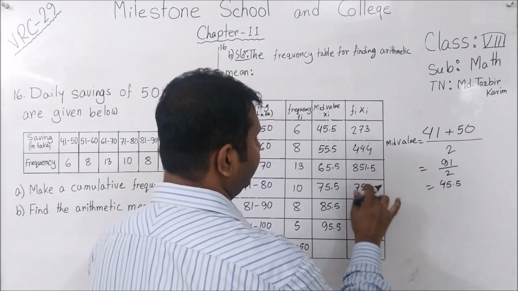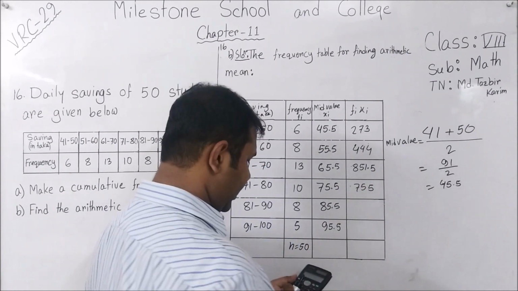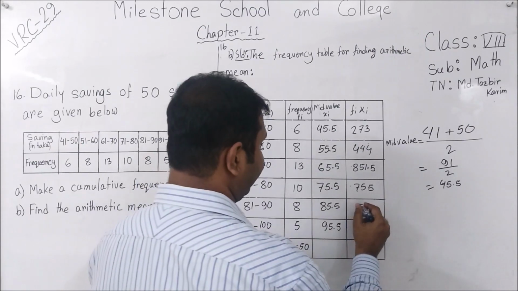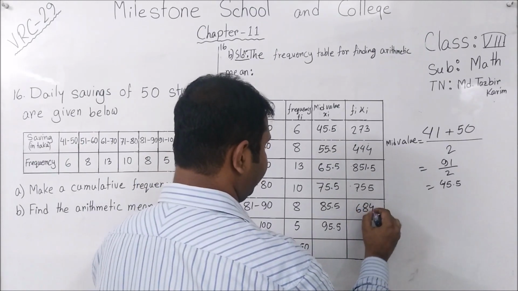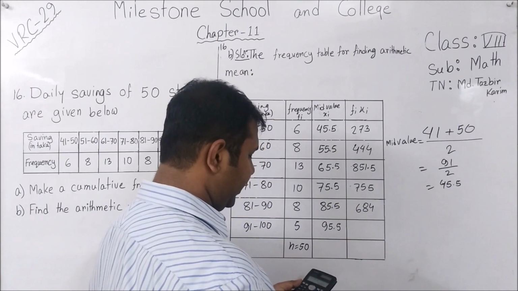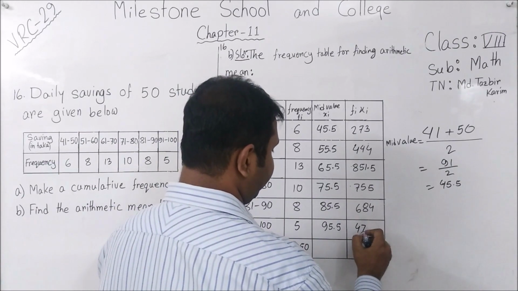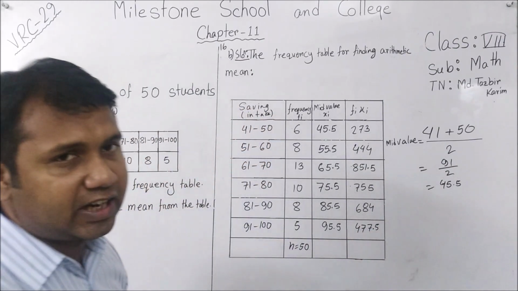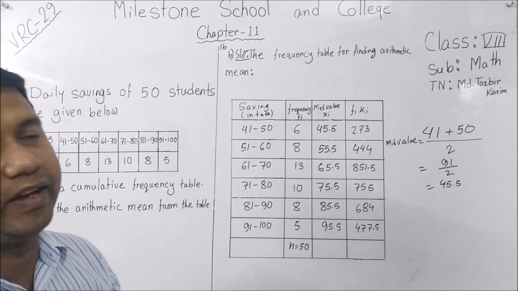If you multiply 8 into 85.5, you will get 684. If you multiply 5 into 95.5, you will get 477.5. So I think you understand how we find the fixi.